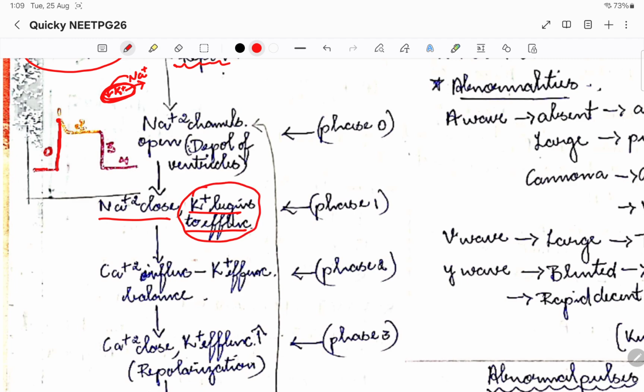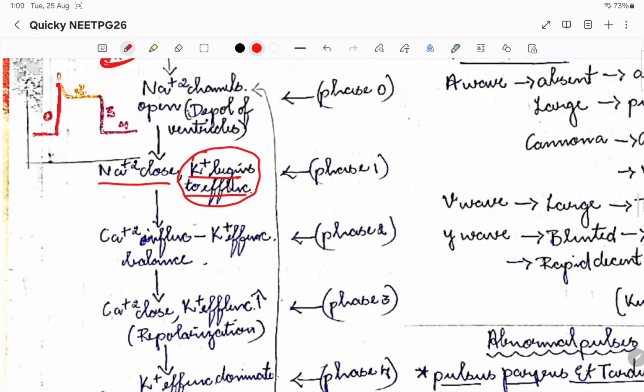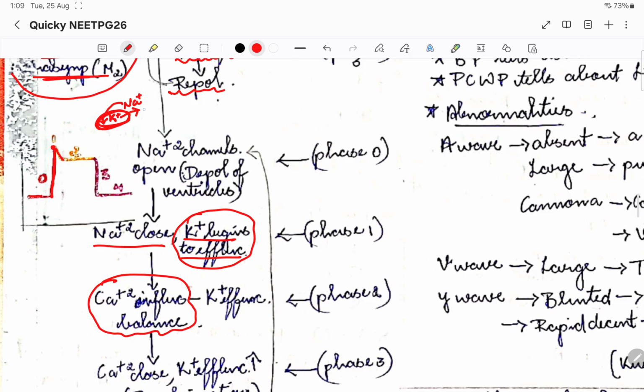After the potassium starts going out, at a certain phase here in the ventricles, calcium influx also starts happening. Because too much potassium is going out, the cell will start losing too much positivity. So to balance it, calcium influx starts happening.